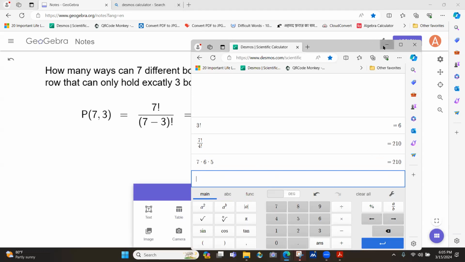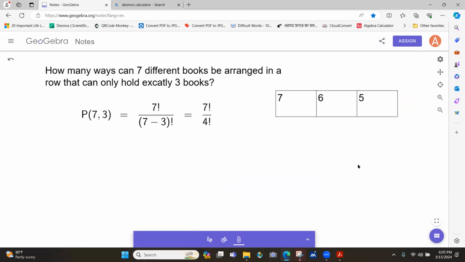So this is about permutation. Once again, permutation is about arrangements. Arrangements always mean order matters. Okay? And in combination, the order does not matter, and we're going to get to it. We're going to do another video.